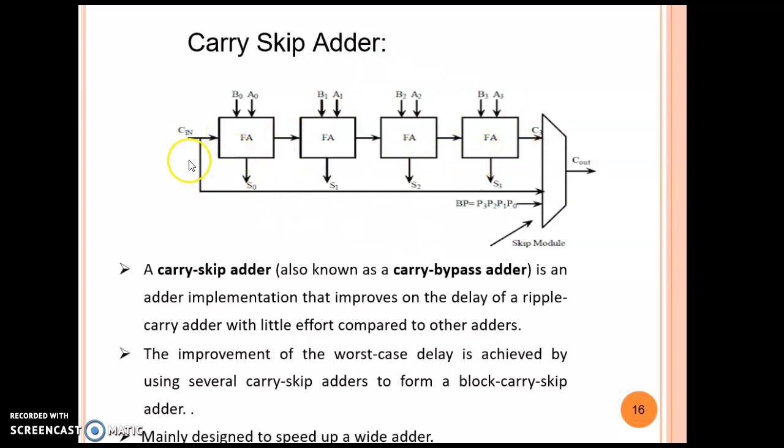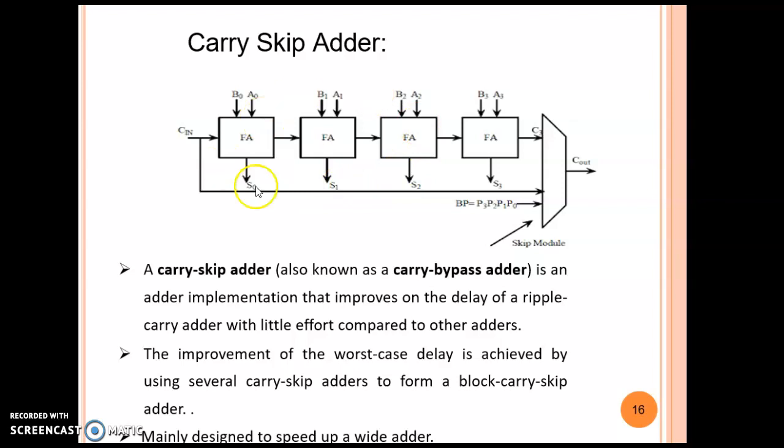This input carry is given to the skip module, and another input to the skip module is P3, P2, P1, P0. If all the propagate terms are 1 and if Cin is 1, then the Cout will be directly calculated, and that means this Cin will not propagate over here.